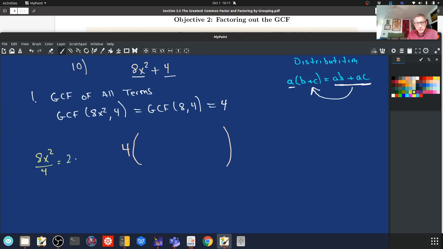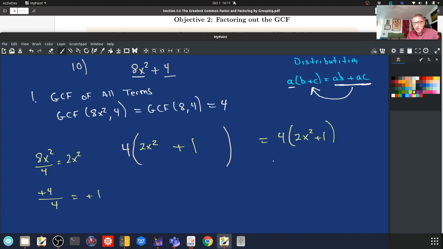Well, that's 2x squared. And then I look at my plus 4, and I divide it by my GCF term, and I get plus 1. And I have factored out my GCF. So it's 4, written a little bit more compactly, times 2x squared plus 1.